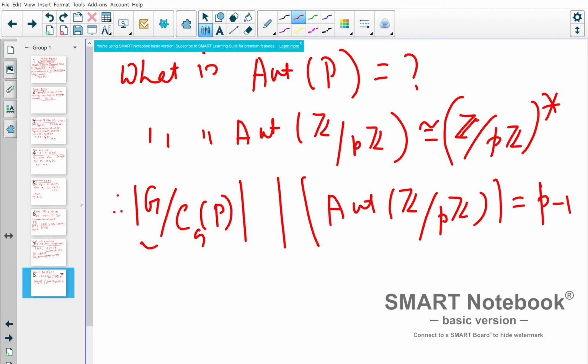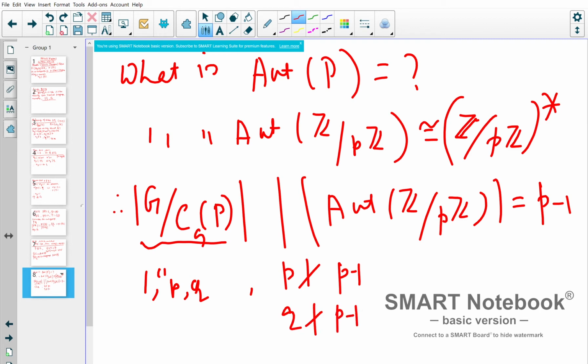What are the options of this order? So the options are 1, P or Q. There are no other options, right? Now we check that P does not divide P minus 1 and Q also does not divide P minus 1, right? Q is bigger than P. So the only option is that 1 divides that thing, right?